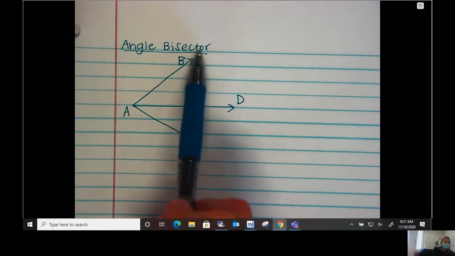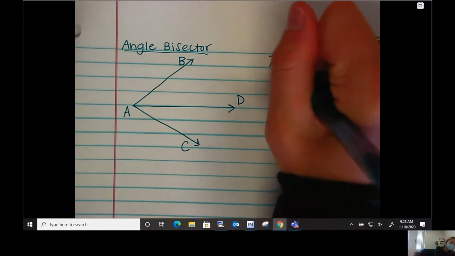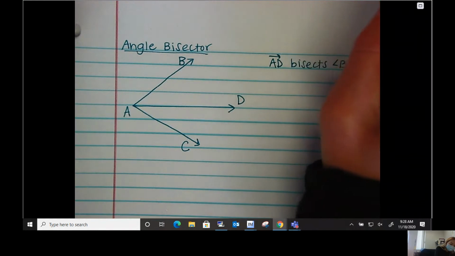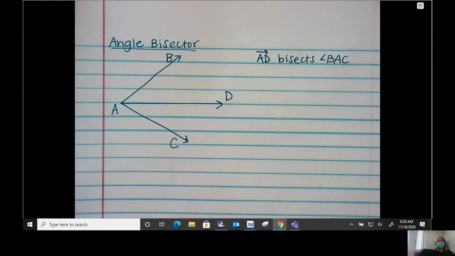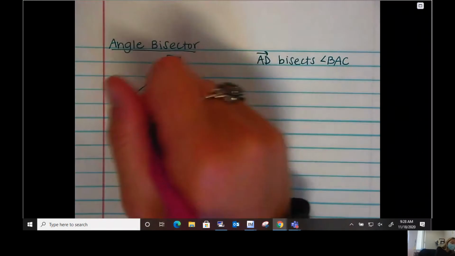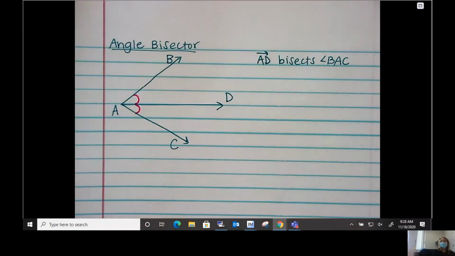So AD bisects this angle BAC. So I should have two angles that are exactly the same. And it's the two angles right at angle A, right here. So these two small pieces should be exactly the same, right?